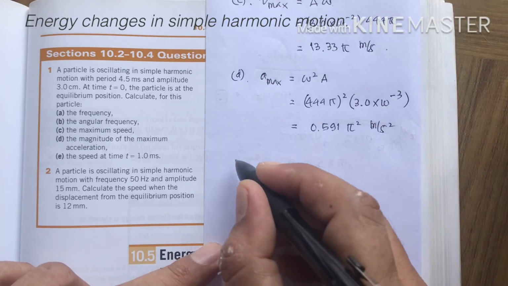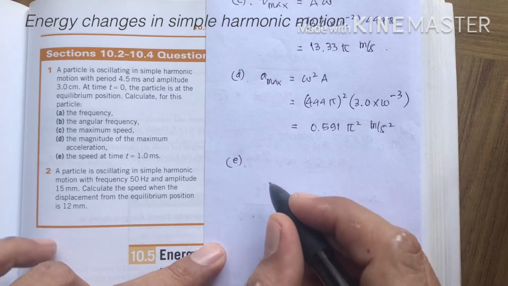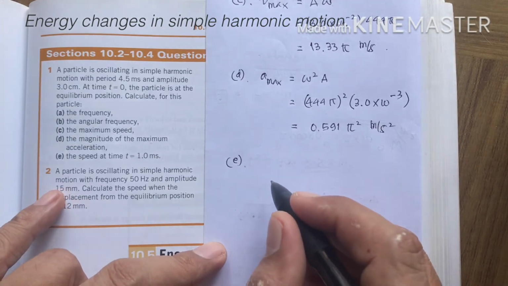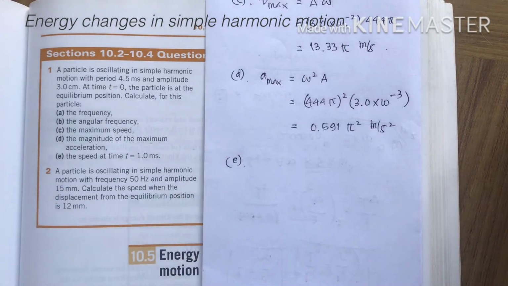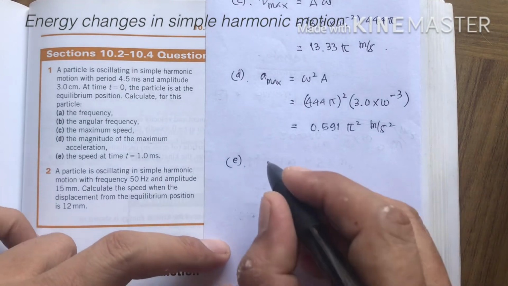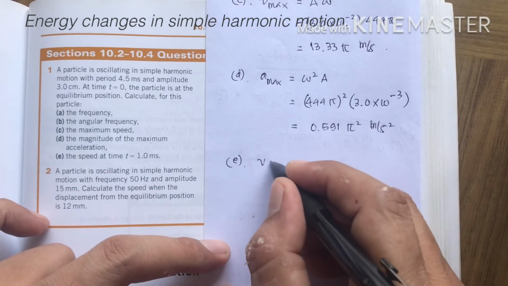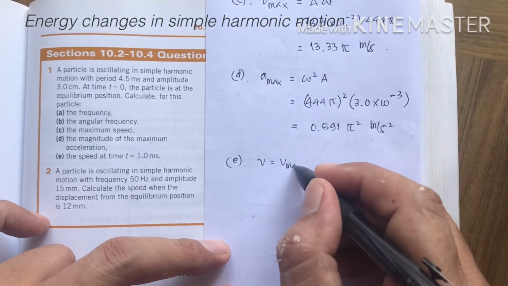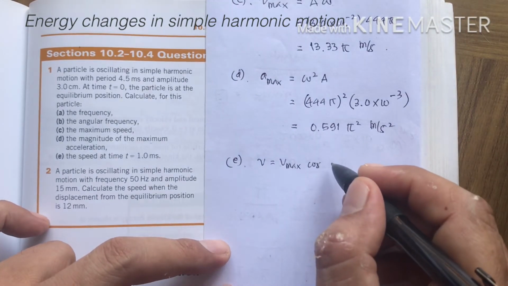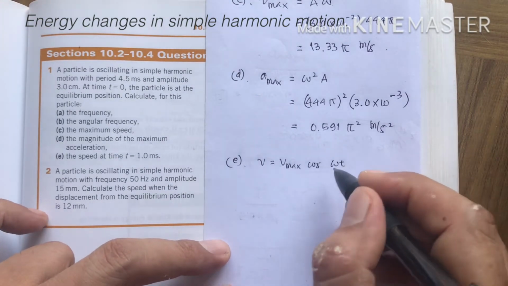Question E: the speed at the time 1 millisecond. We have the formula V as Vmax cos theta, with theta as omega times t.